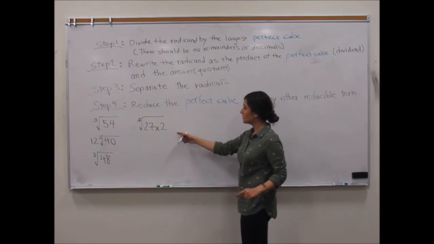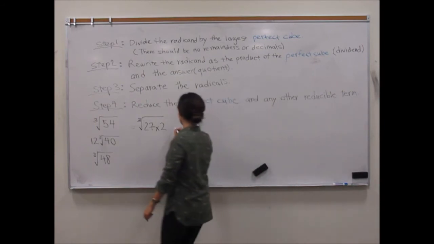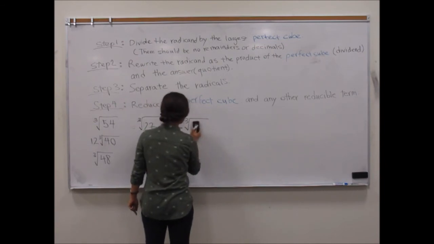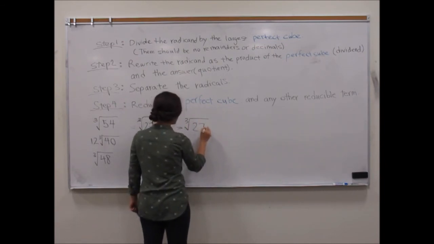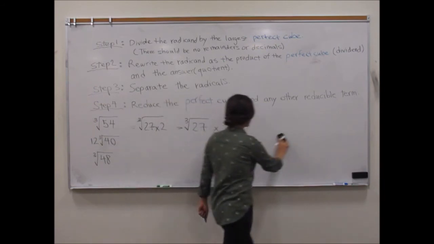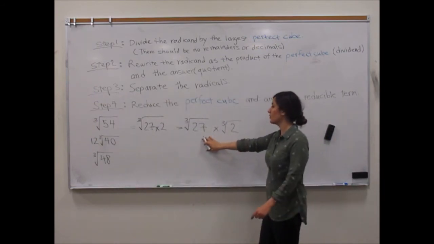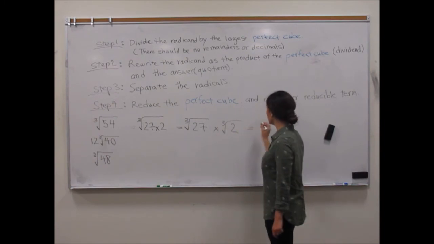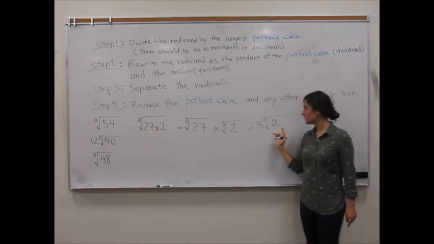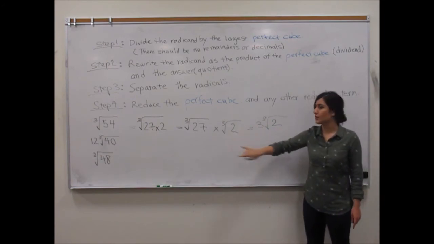Then step 3, I'm going to break down the radical. So I have cube root of 27 times cube root of 2. So cube root of 27 is a perfect cube, and it's 3. So I have 3 times cube root of 2. And I cannot simplify the cube root of 2 anymore.